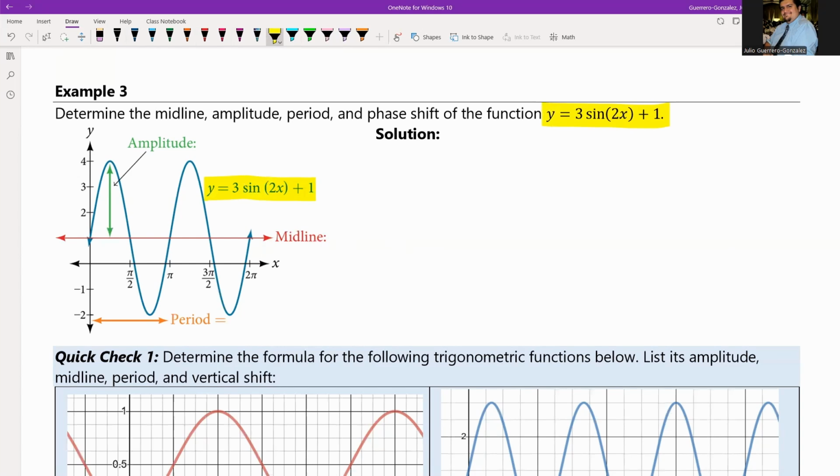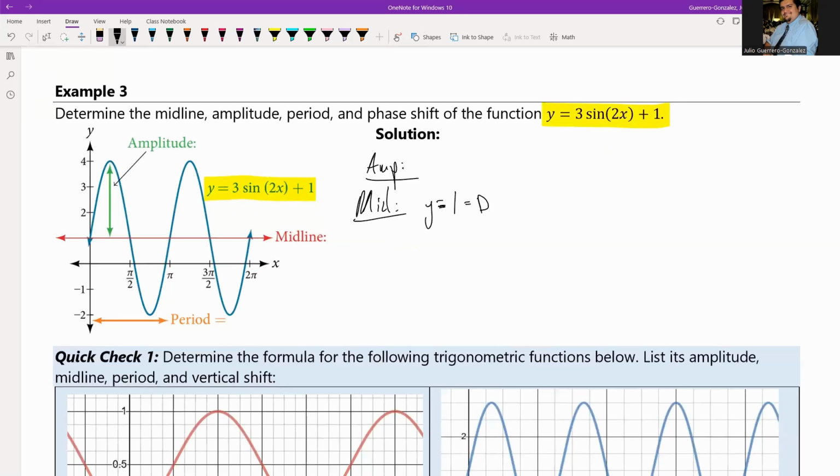Got it? Okay, so looking at this, hopefully you guys see the easy stuff, which is the amplitude and the midline. So let's go ahead and do amplitude and midline. Hopefully you guys see that the midline is right here, and that's at y equals 1. So automatically we know something already.